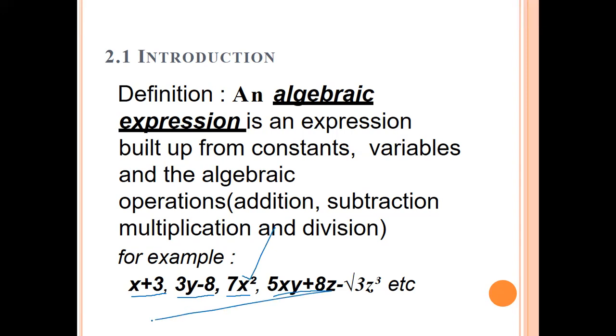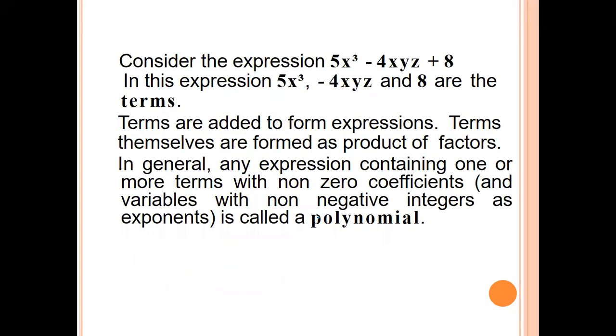In the definition, we can see that an algebraic expression is an expression built up from constants and variables. Now consider the expression 5x cubed minus 4xyz plus 8. In this expression, 5x cubed, minus 4xyz and 8 are the terms.